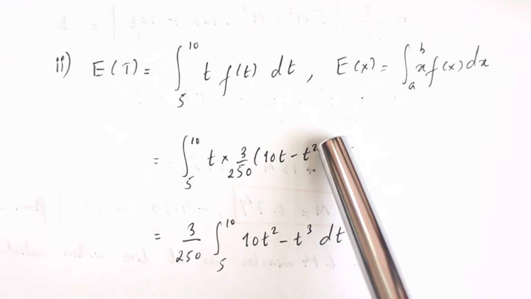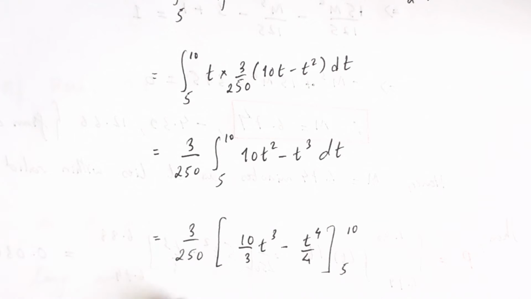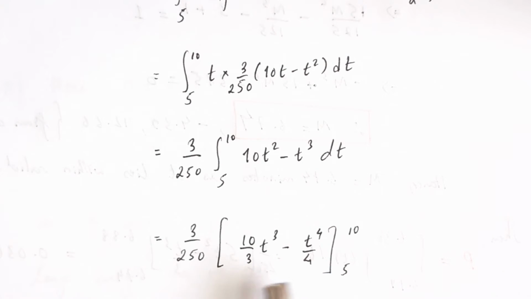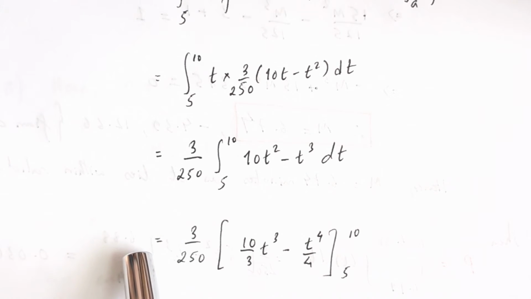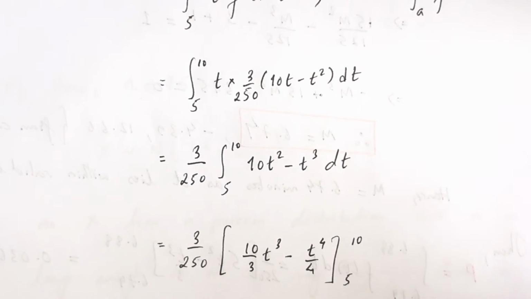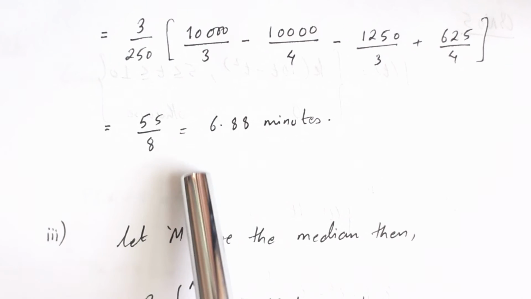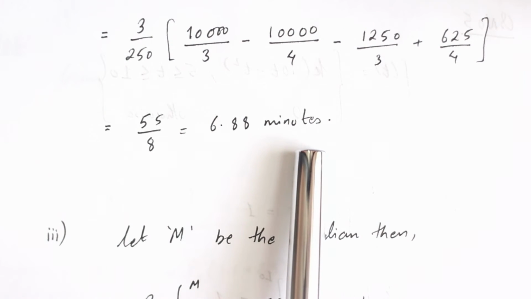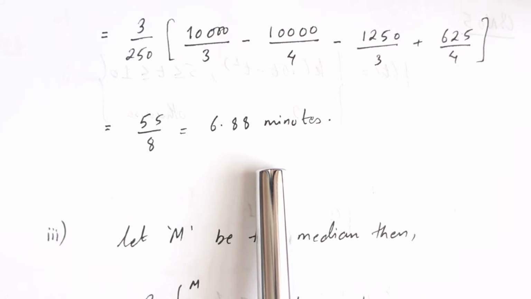Similarly, you simplify it to get this expression here. I want you all to do the simplification process line by line, because you might not get the same answer, and then you might not understand what's going on here. After simplification, what you get is 6.88 minutes, and that's the mean time.